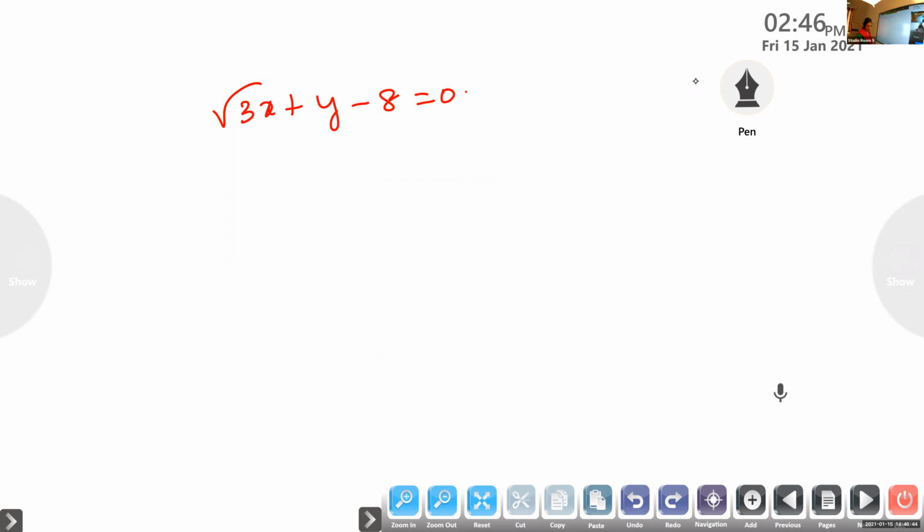Yes, the equation of the line in normal form is, Gauri: x cos pi by 6 plus y sin pi by 6 is equal to 4.